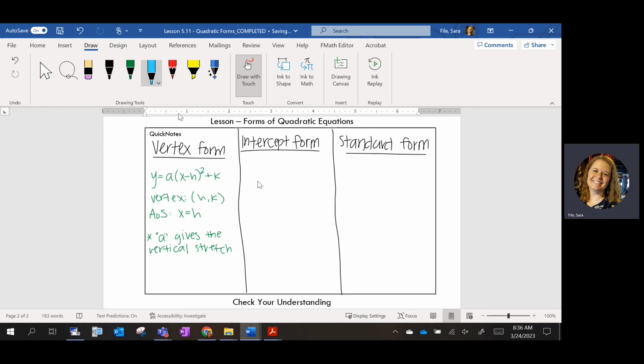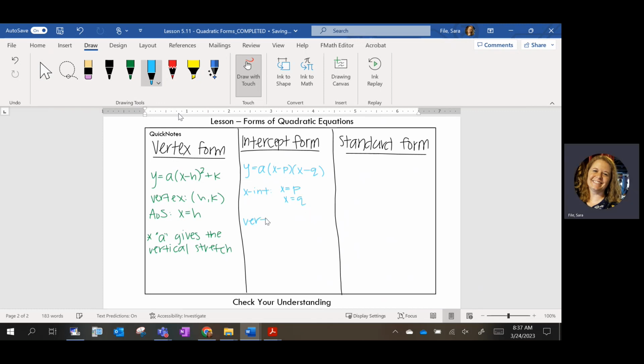Okay, in intercept form, we have the a factored out, and then you have x minus p times x minus q. Okay, so our factored form or intercept form, where your x-intercepts are p and q.